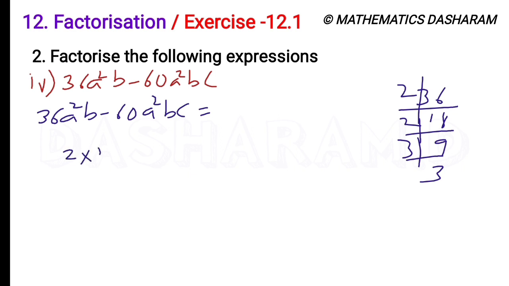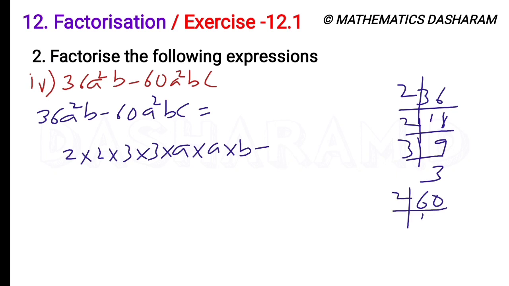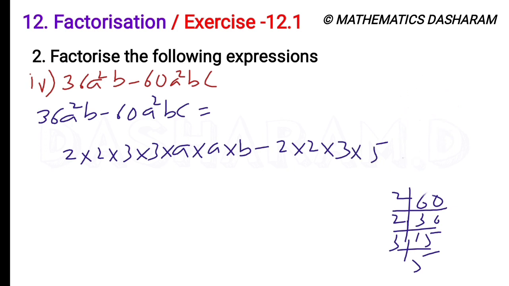So 2 into 2 into 3 into 3 into a square b, a into a into b, minus 60 a square bc. 60 means 2 30s, 2 15s, 3 5s. So 2 into 2 into 3 into 5 into a square bc, a into a into b into c.